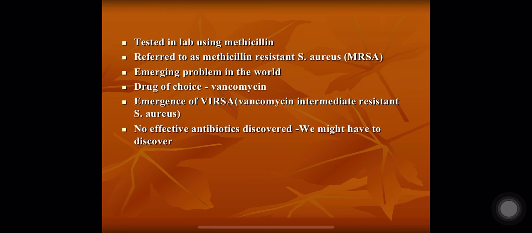Testing is done by using methicillin in the laboratory: methicillin resistant Staphylococcus aureus, MRSA, which is an emerging problem the world over. Another term used here is VISA, vancomycin intermediate resistant Staph aureus, or even VRSA, vancomycin resistant Staph aureus.